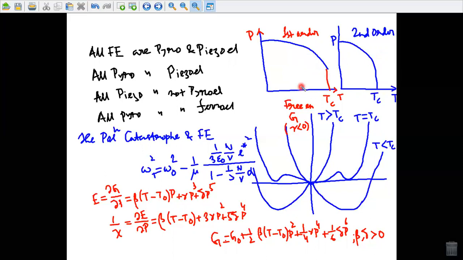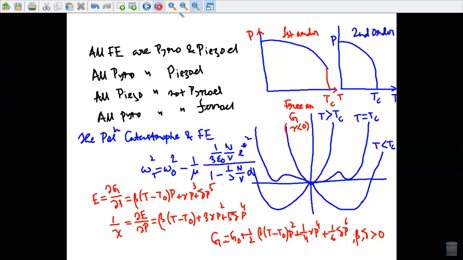So from this we can calculate E, which is the first derivative del G del P, that turns out to be beta (T minus T naught) P plus gamma P cubed plus delta P to the power 5, and the inverse of the susceptibility chi is equal to del E del P, beta times (T minus T naught) plus 3 gamma P squared plus 5 delta P to the power 4.